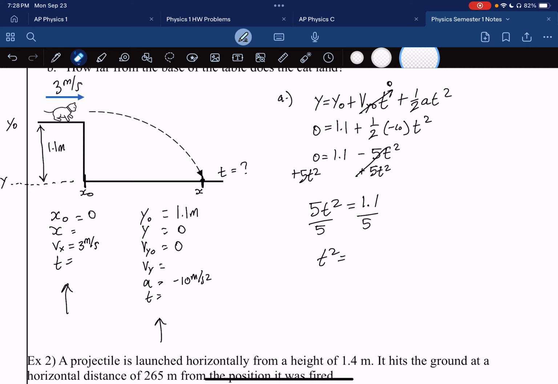Let's get a calculator. We have 1.1 divided by 5. Get 0.22. Whoops, which is not the answer. We got a square root. t is the square root of 0.22.